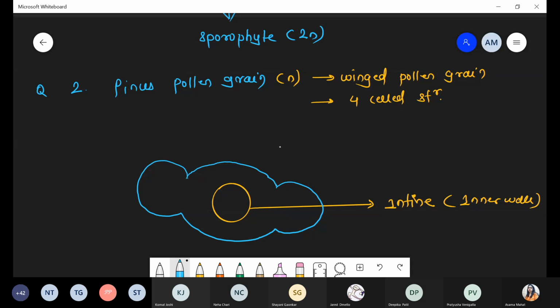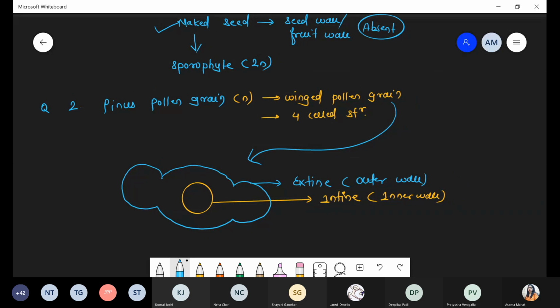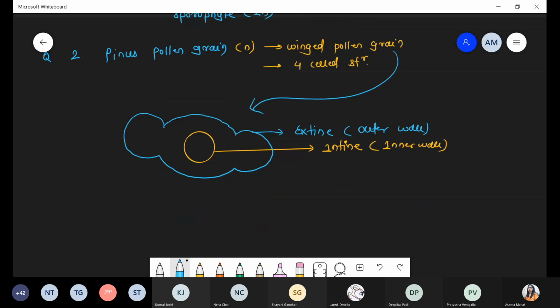If you see, this is the outermost structure. That outermost structure is called the exine layer, the outer wall. These are the typical structure of the winged pollen grain. And why does it have a wing-shaped structure? Because in Pinus, the exine layer shows extension toward the outer side, and due to that extension it looks like wings, right?